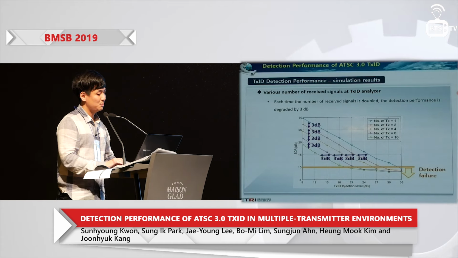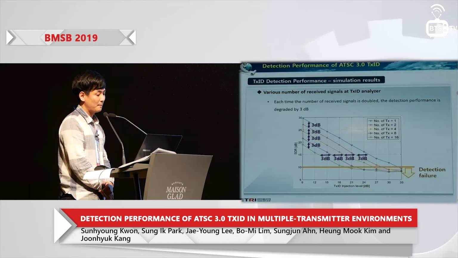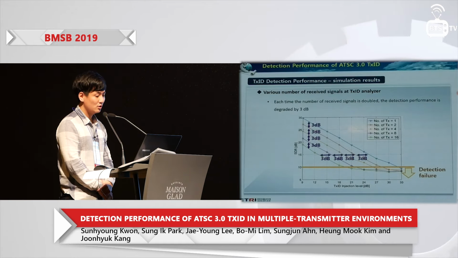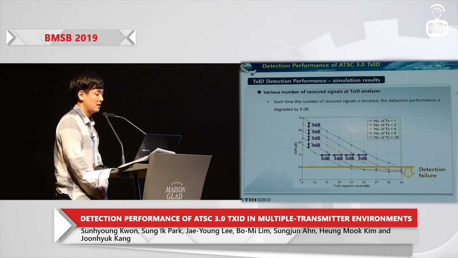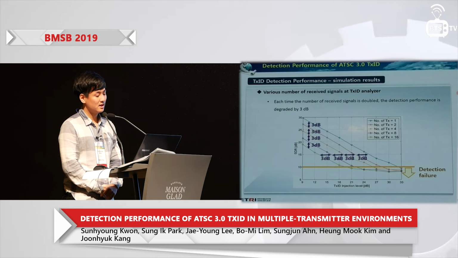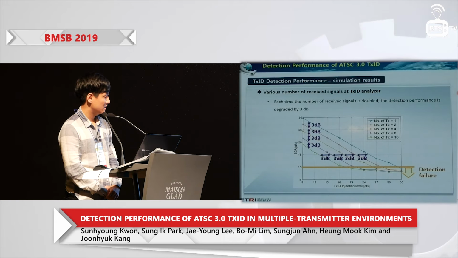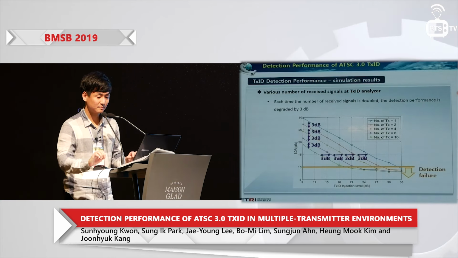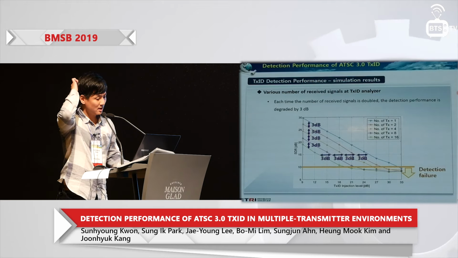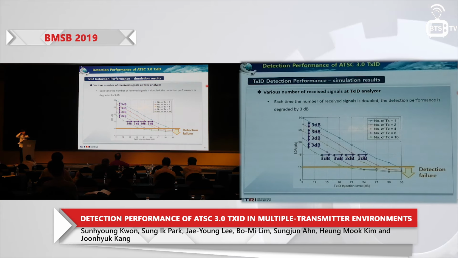Okay, this is the simulation result for TxID, according to the number of received signals at the TxID analyzer, from 1 TxID up to 15 transmitters. In this simulation, as I said, it is assumed that the received signals corresponding to each transmitter are equally 15 dB.